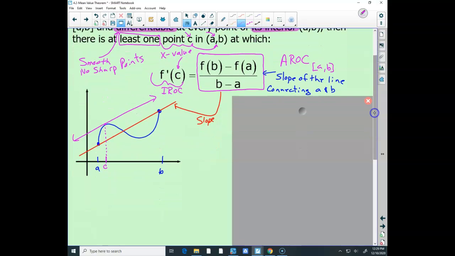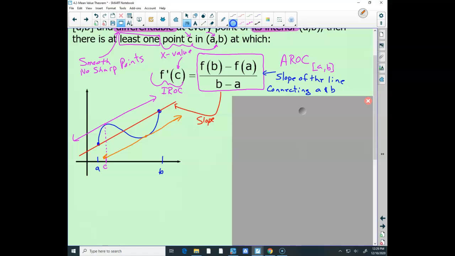Sometimes there could be more. In the one that I just drew here, there could be another c that is going to be tangent to that. But it doesn't guarantee me there's more than one. It just guarantees that there is one.